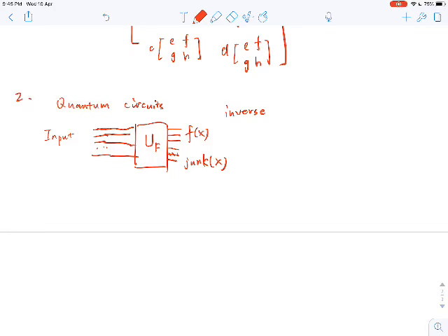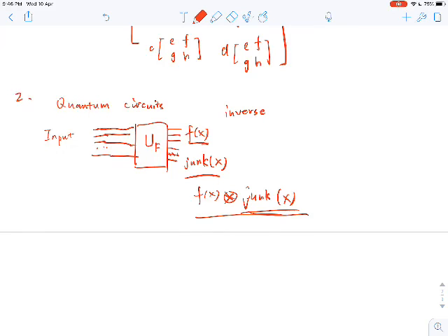And also, if we do some operations on the junk qubits, it will have some influence on the fx qubits. It's just like the state here is fx tensor junk qubits, and if we change this one, the state of the whole system will also change because of the tensor product.